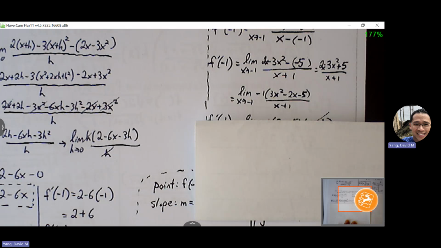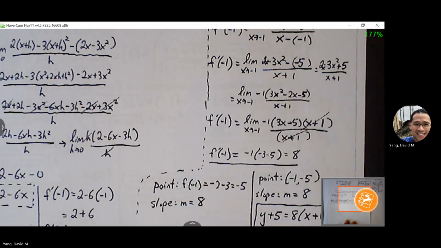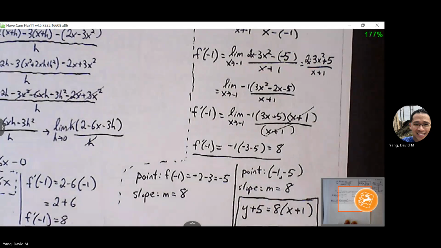So it's going to be -5 and 3. -5 times 3 is -15. -5 plus 3 is -2. We get factored form of 3x minus 5 and x plus 1.